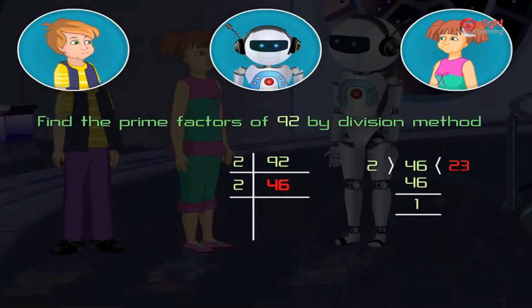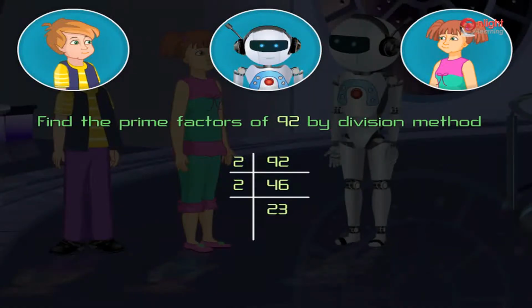The quotient is 23. 23 is a prime number. That is correct. So, we can stop our division here. Now, 92 can be expressed as the product of prime factors as 2 multiplied by 2 multiplied by 23.